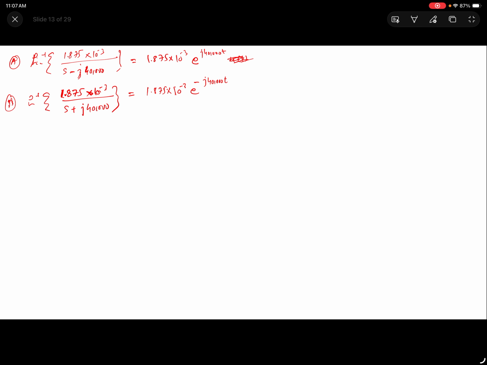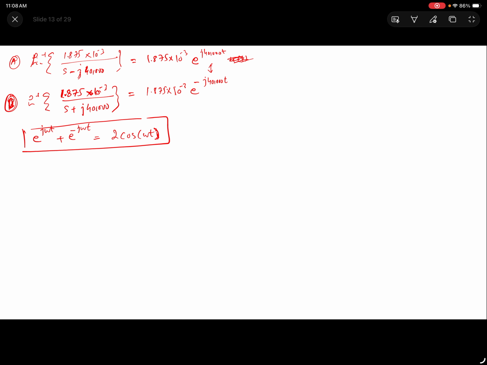I can either write them separately, or since these two terms are complex conjugates of each other, I can use this identity: e raised to power j omega t plus e raised to power minus j omega t equals 2 cos of omega t.